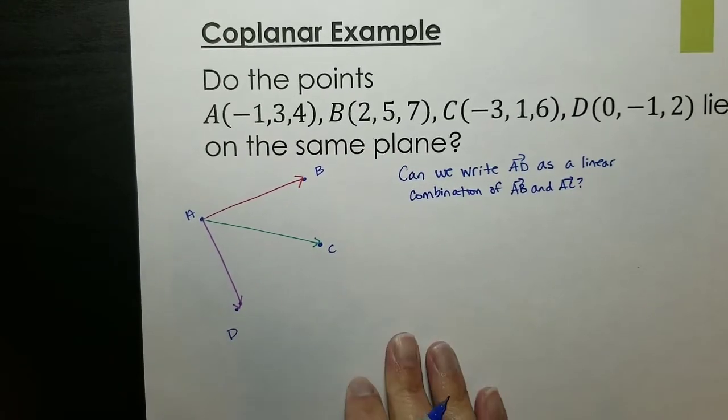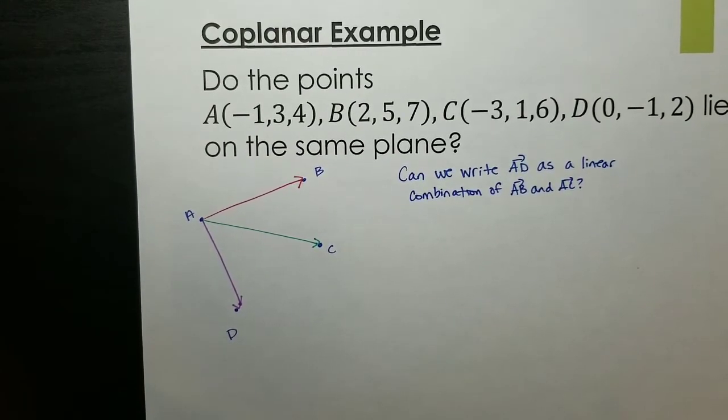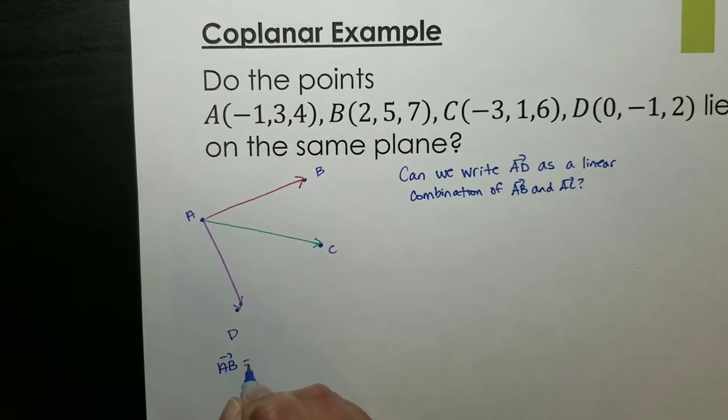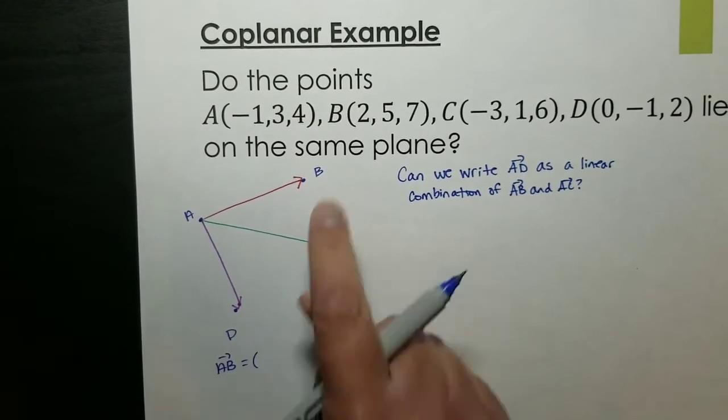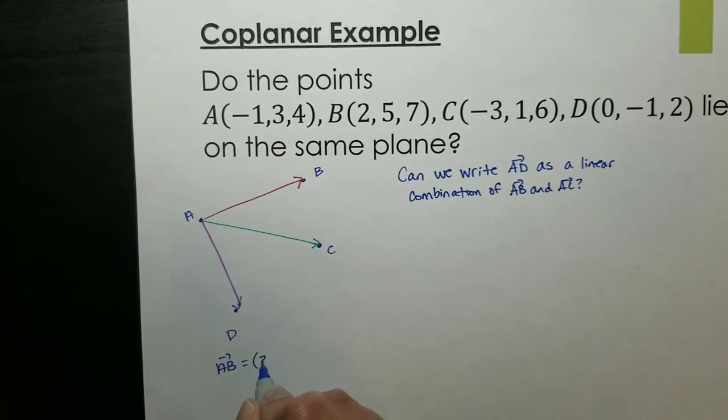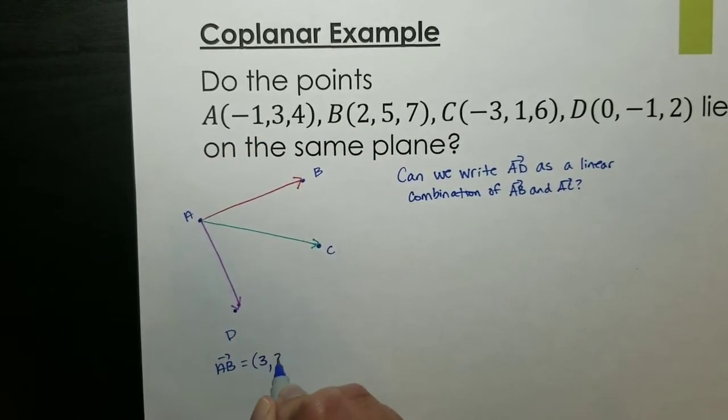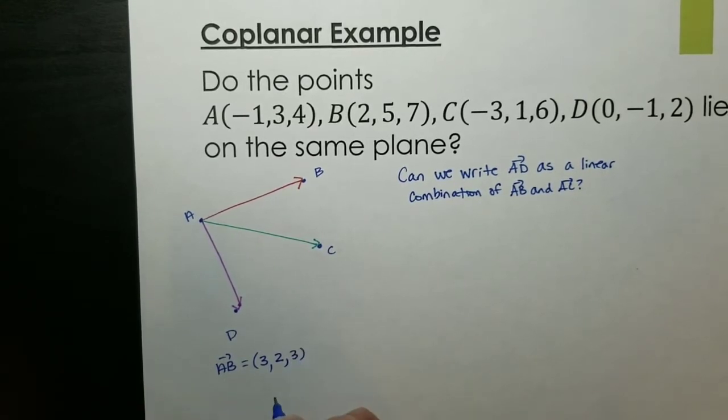So can we write those as linear combinations of each other? First of all, I'm going to need these vectors. So AB: 2 minus -1 is 3, 5 minus 3 is 2, 7 minus 4 is 3.